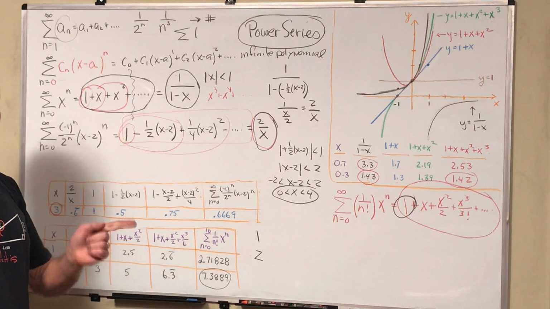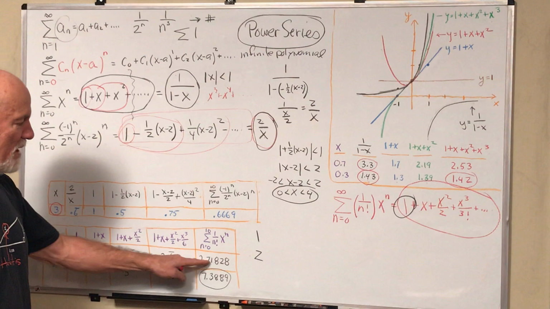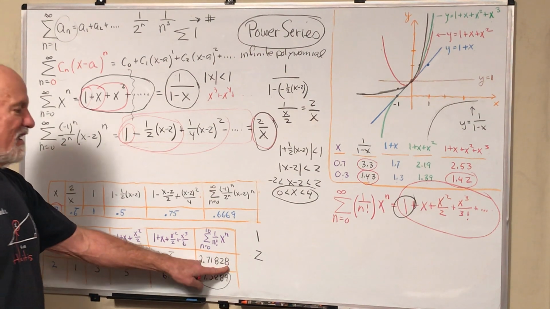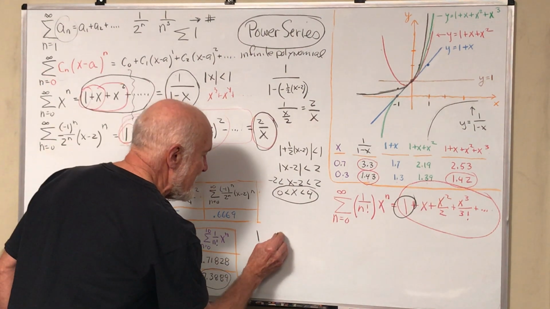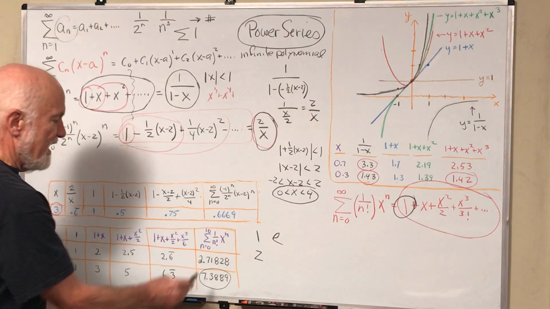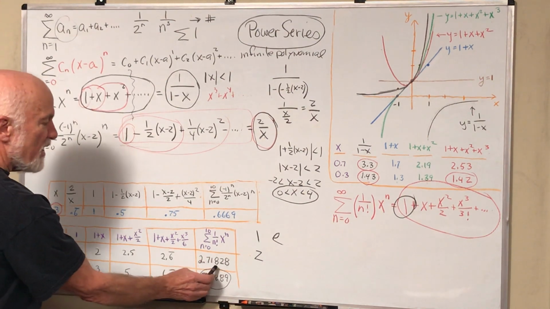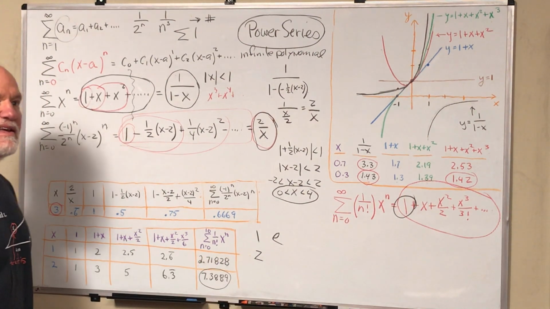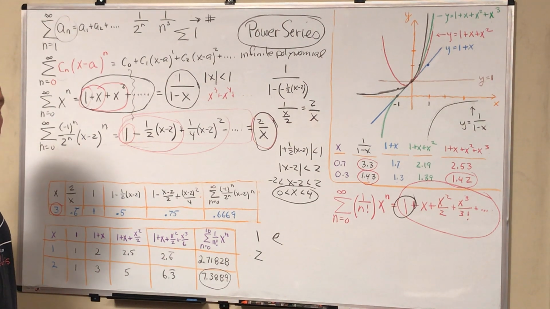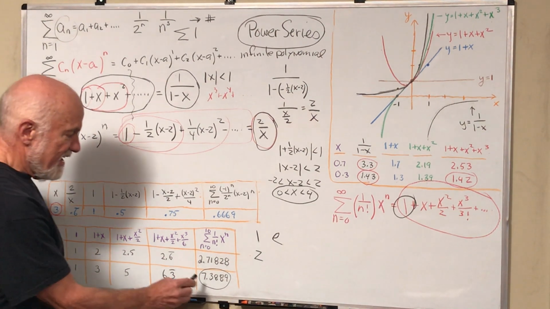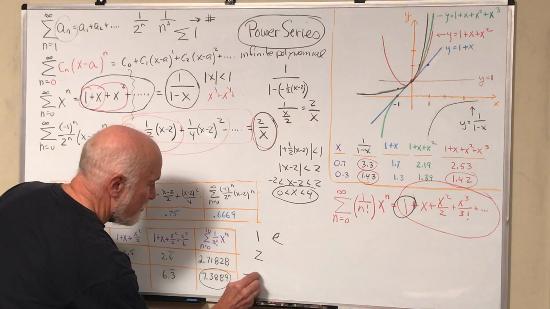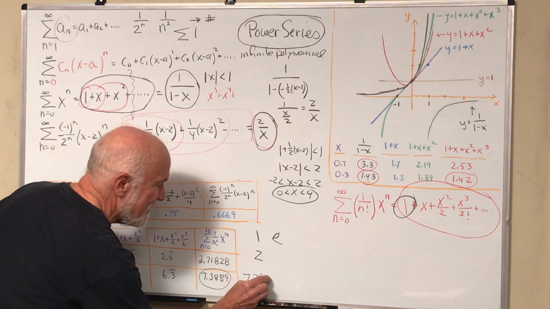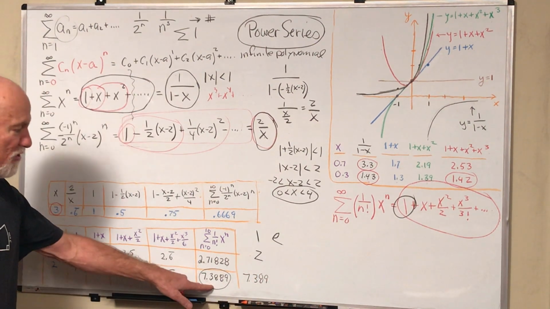And just for kicks, I started to remember what this number looked like. So I plugged e into my calculator, and that's what I got, 2.718281828. And when I plugged in e squared, I got 7.389, so close to this.